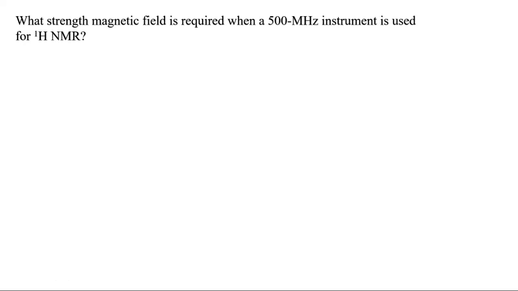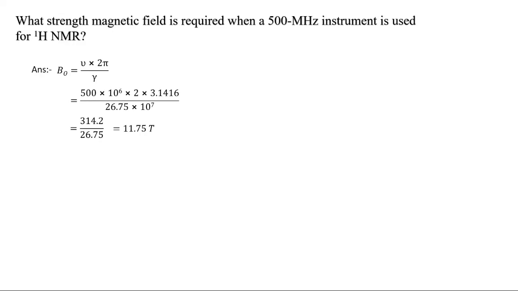Now come to the next question: what strength of magnetic field is required when a 500 megahertz instrument is used for 1H NMR? This is also very simple. You have to calculate B0, so put in the formula and get the answer: nu into 2 pi upon gamma.